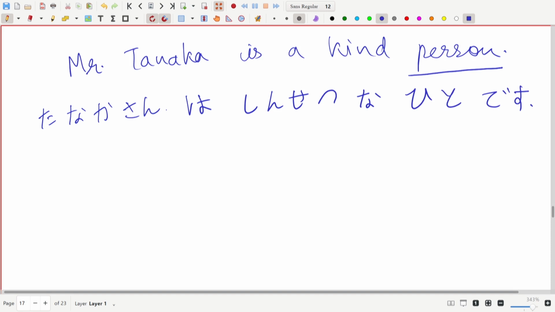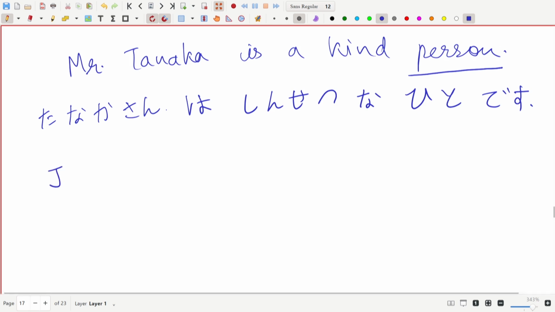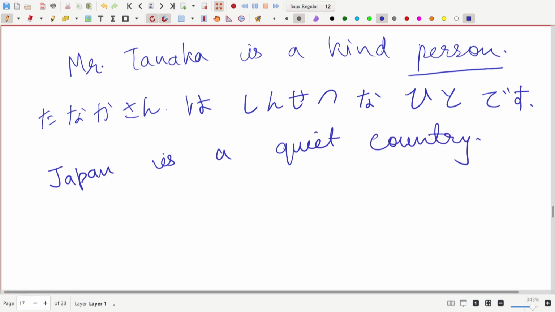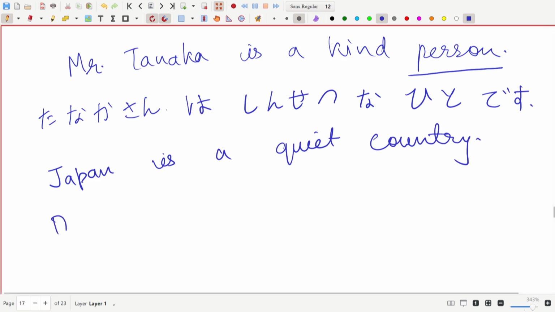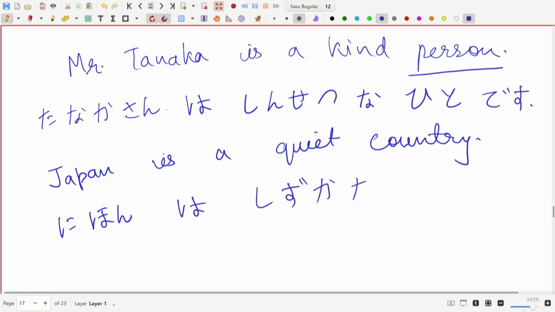If we want to say Paris is very lively, or Japan is very quiet place, quiet country. So how we will write? Japan is a quiet country. Then Nihon wa shizuka na.